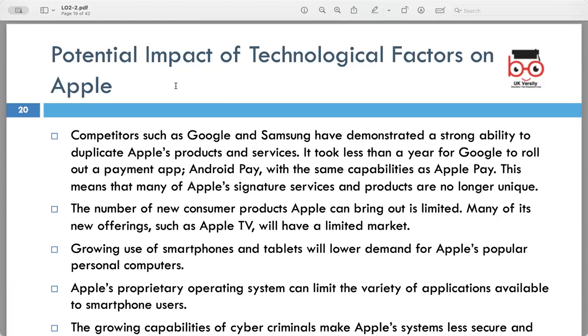So it is possible that the variety of programs that are accessible to smartphone users may be restricted due to Apple's exclusive operating systems. One of Apple's most significant competitive advantages, its reputation for a high level of security and safety, is being undermined by the increasing capabilities of cyber thieves, which in turn makes Apple systems less secure.